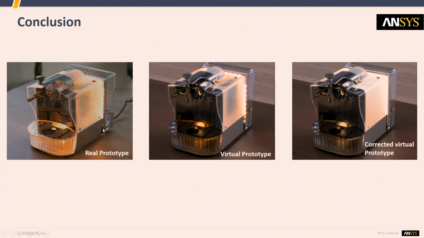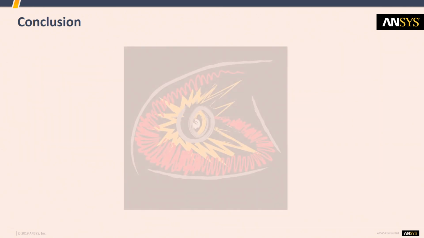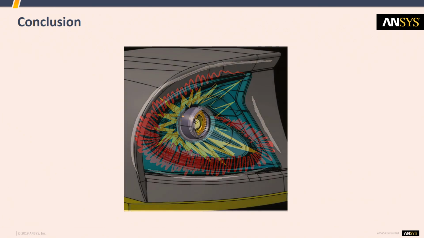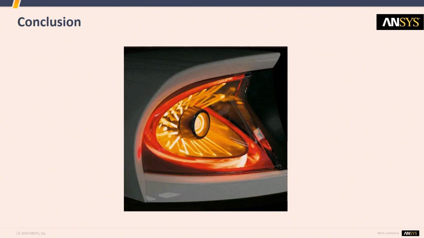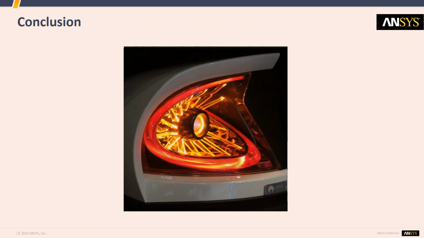That's something we could have identified through simulation with the virtual prototype obtained through predictive simulation, and we can test any modification on the virtual prototype, get the virtual prototype corrected, and apply this correction to the final product and get the perceived quality we intended in the design intent. And so this way we can match the final product with the design intent through the whole conception process, and the customer gets what you dreamed for them.